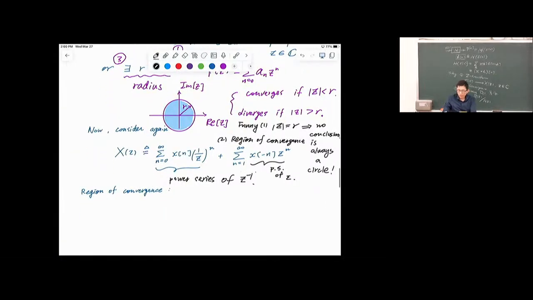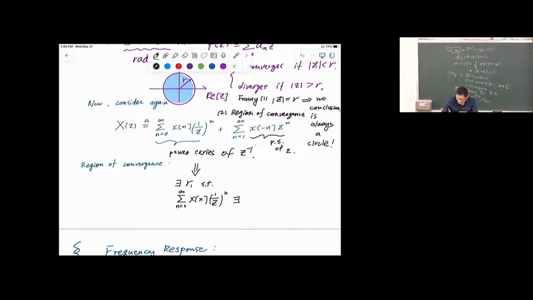So therefore, in the most common case, we should say there exists an R1 such that the power series converges in what?